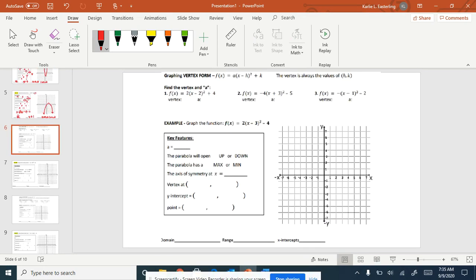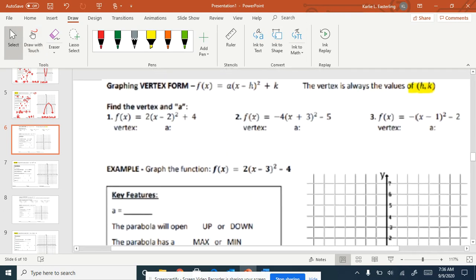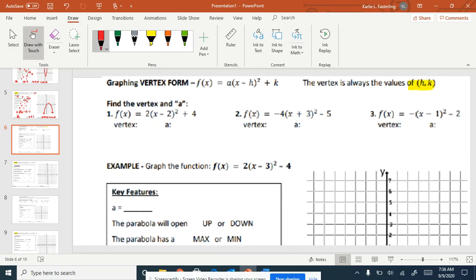All right, now we are going to look at graphing in that vertex form. And that's f of x equals a times x minus h squared plus k. The vertex value here is always going to be the value of h, k. So, for example, looking at number 1 right here, we're looking for h, k.